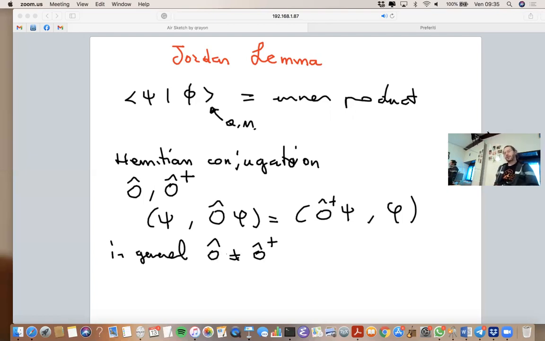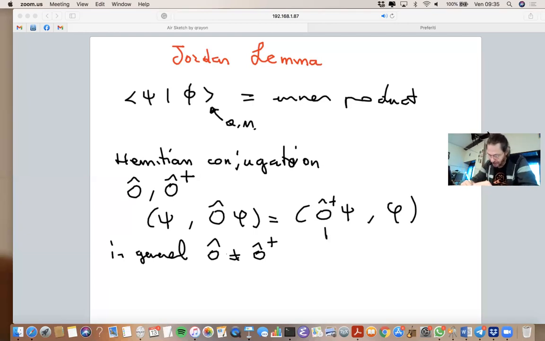Let me give you an example of a non-Hermitian operator. Okay, so I said a sentence that you probably do not have the background yet to understand. I said, let me give an example of a non-Hermitian operator. I didn't tell you what a Hermitian operator is. I'm saying, in general, these two operators, the one that acts on the right of the comma and the one that acts on the left, which is defined to be the one that gives you the same result as the previous one acting on the right.